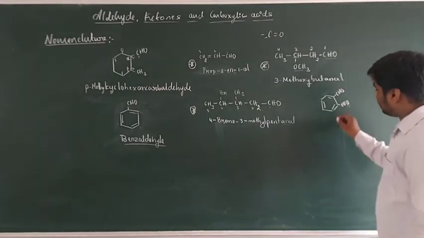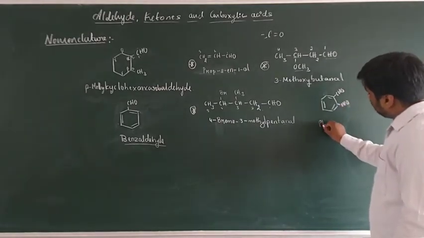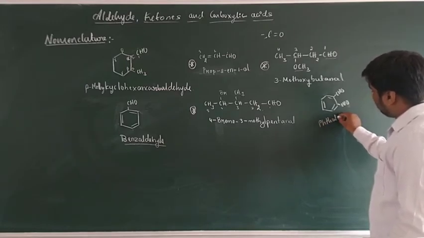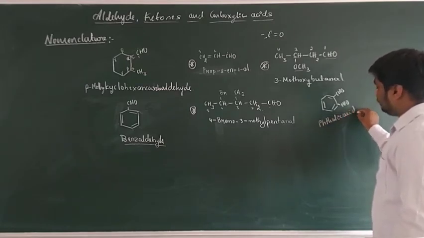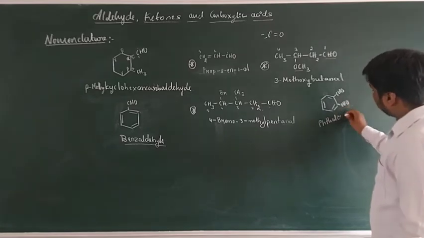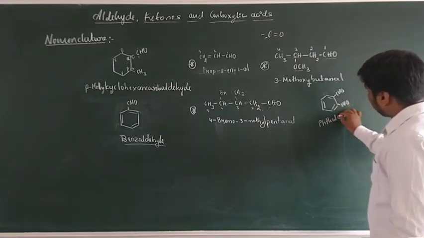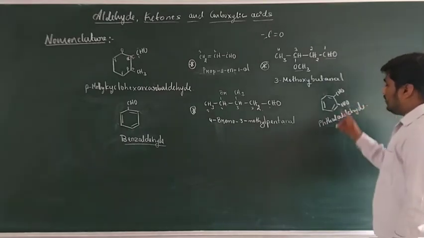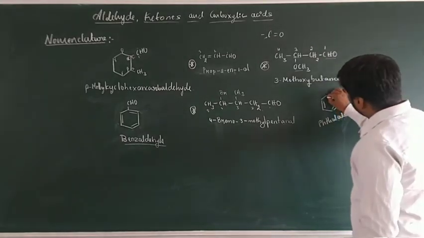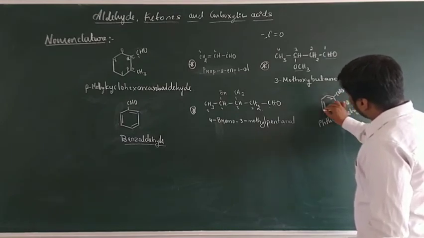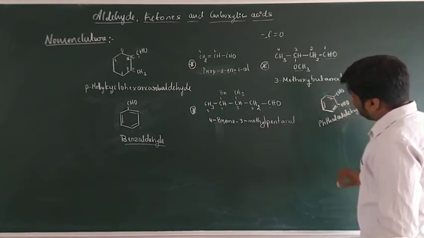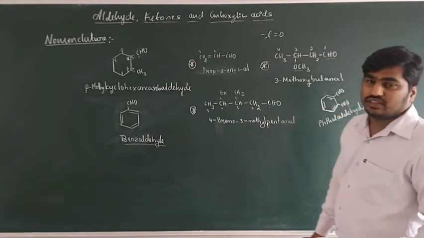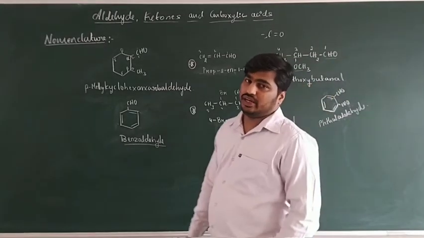The common name of this compound is phthalate, or phthalic acid. Sorry, phthalate. Similarly, if it contains CHO, it is known as phthalic acid. It is an aldehyde, phthalaldehyde.